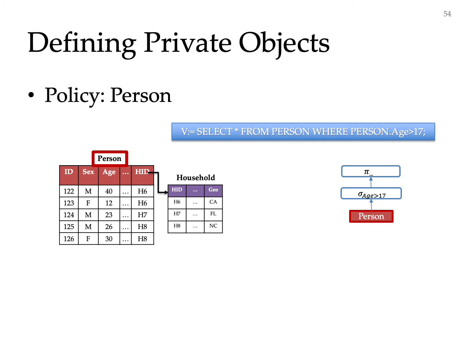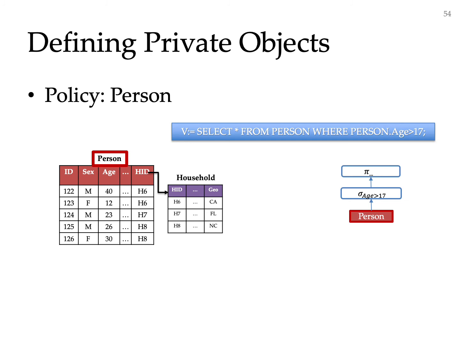Let's take a look at how Private SQL can be used in our given example. Consider we set the policy as person, meaning that the person table is the main private object. And given a query that searches individuals with age greater than 17, we learn that this query is only applied over the person table, which is the primary private object.